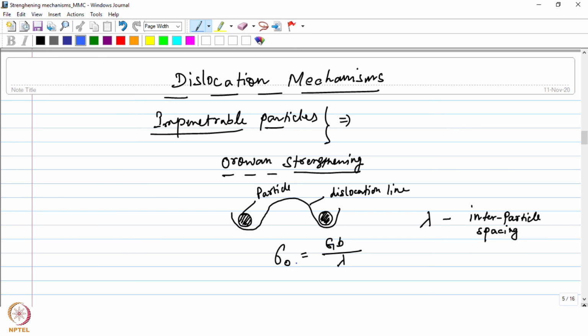The strengthening effect is given by this particular equation according to the Orowan strengthening mechanism. Here lambda is the interparticle spacing, so it also says that as the spacing between the particles decreases, the strength will increase.